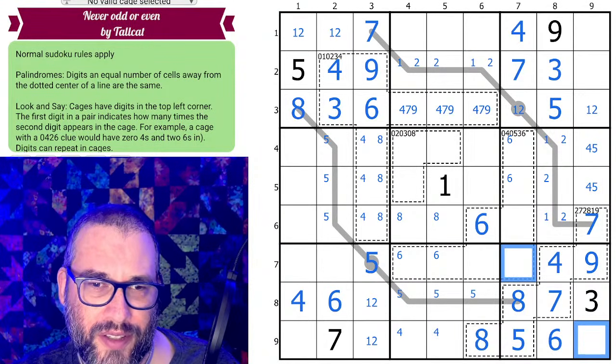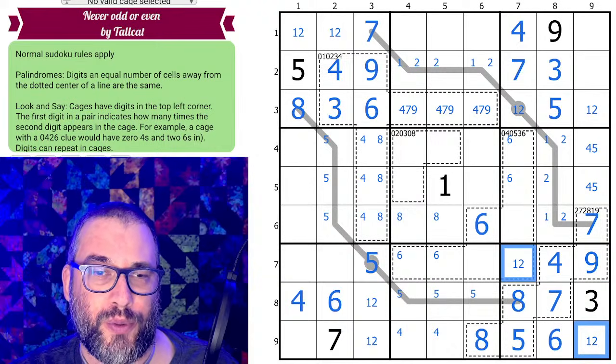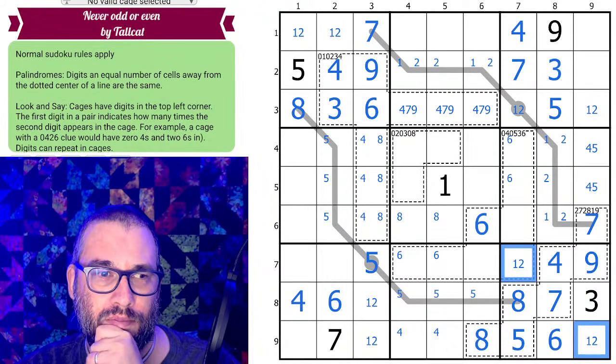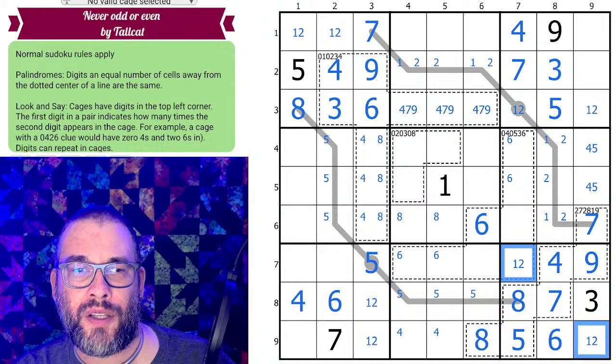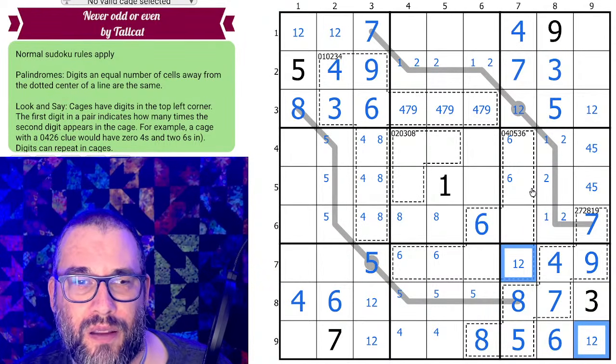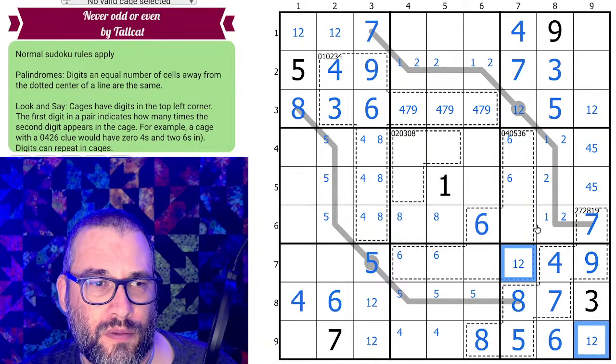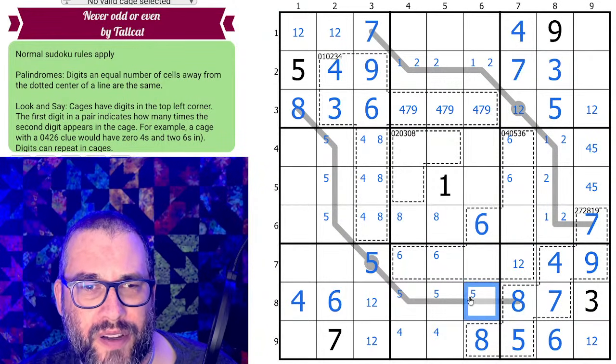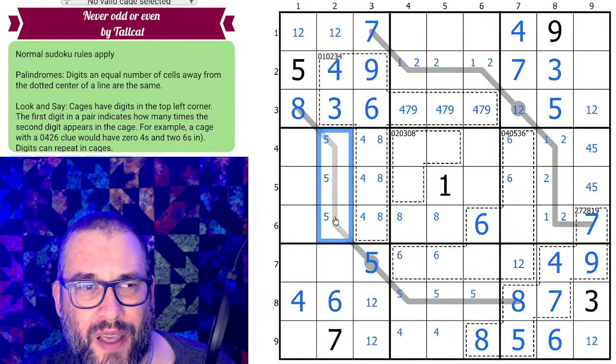So what's left in this box? It's 1 and 2. So we've got pairs in these columns. We know there is a 1, 2 on this palindrome.